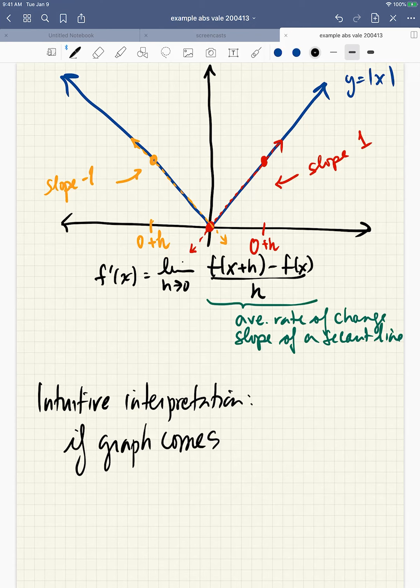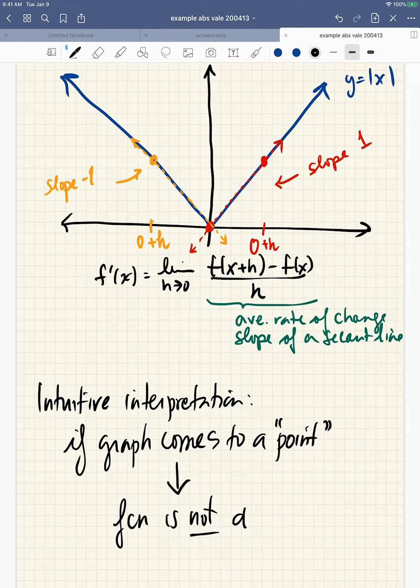If a graph comes to a point, like a sharp point, that means the function is not differentiable there. Okay, and so this is what I want you to carry with you with respect to this absolute value function. Graph comes to a point, the function's not differentiable there. There's a couple other ways a function can fail to be differentiable, but this is the big one. This one will really jump out at you when you look at a graph, and this is the one that is most interesting to us.